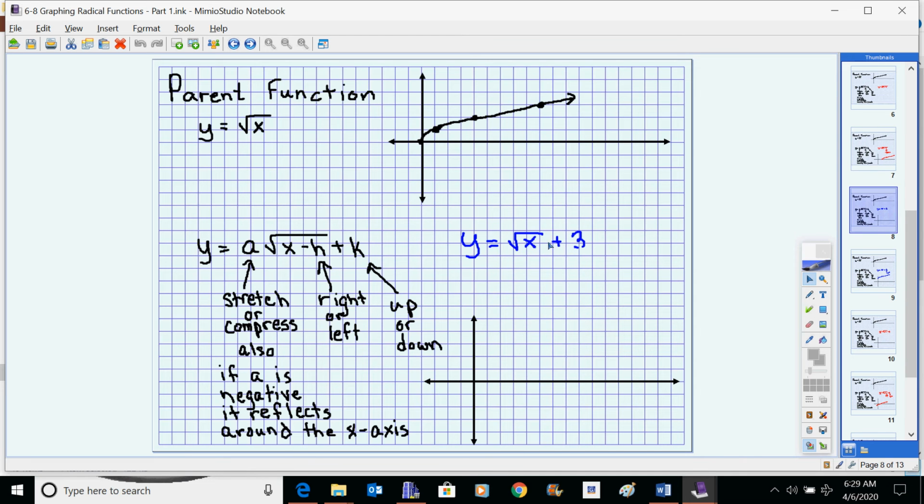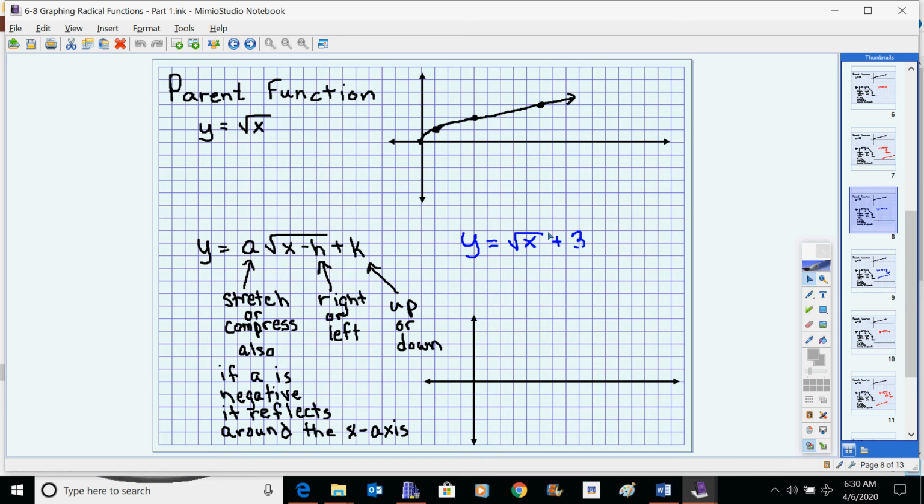Square root of x plus 3. Now, if you'll notice, the plus 3 is definitely not under the radical symbol. I know that sometimes people get a little sloppy as far as where the radical symbol ends, and this is why I make a big deal about that, because if you extend it over, it means a whole different thing than when the number is completely detached from your square root.